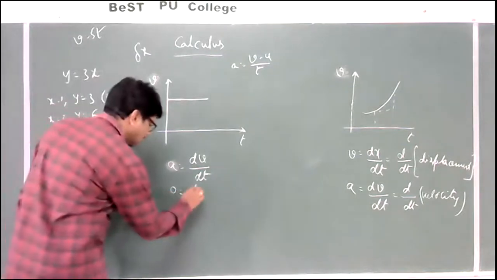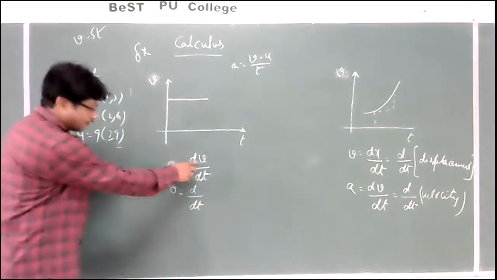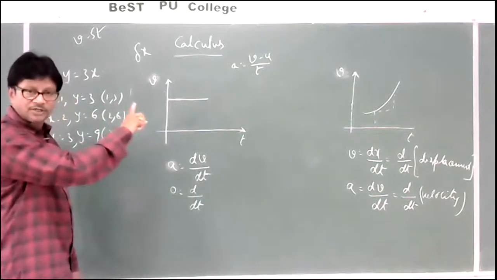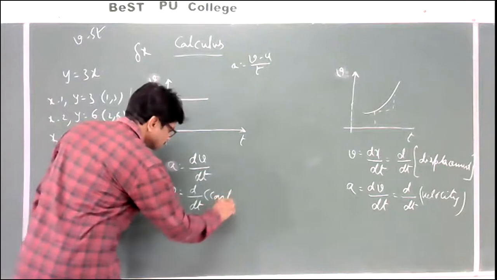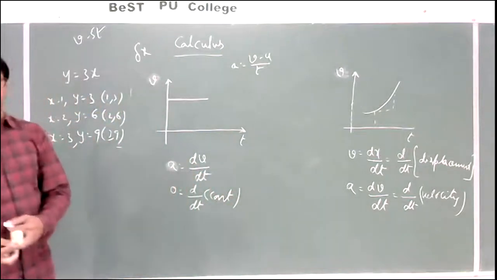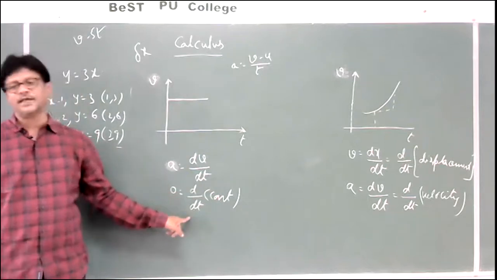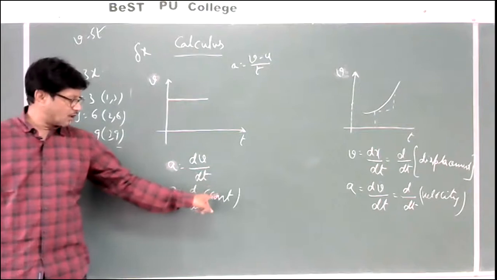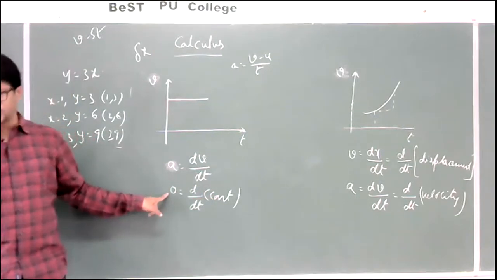So d by dt of v, where v is velocity. Here I am taking velocity as a constant. So if you differentiate a constant value with respect to a variable, the answer is 0.